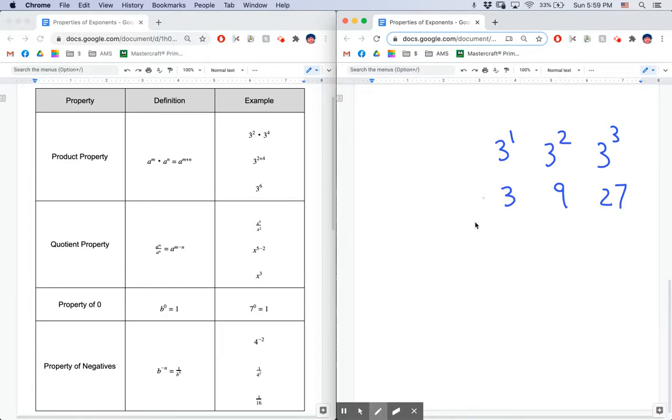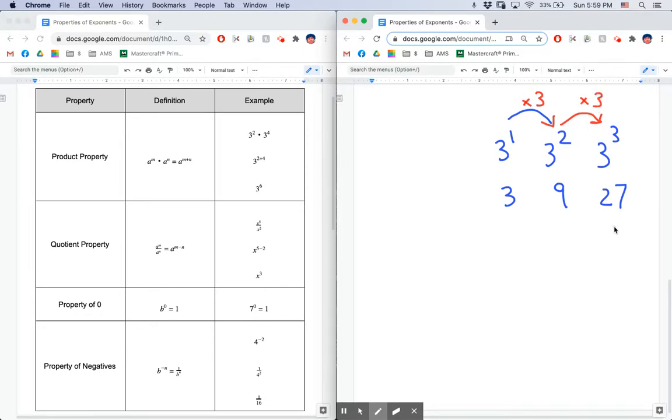I'm going to change colors here. Let's get some red going. So if I figure out the pattern of these exponents, this is kind of the definition of exponents. If you have 3 to the power of 1 and then 3 to the power of 2, the comparison is you multiply by an extra 3. And then from 3 squared to 3 to the power of 3, you multiply by an extra 3.